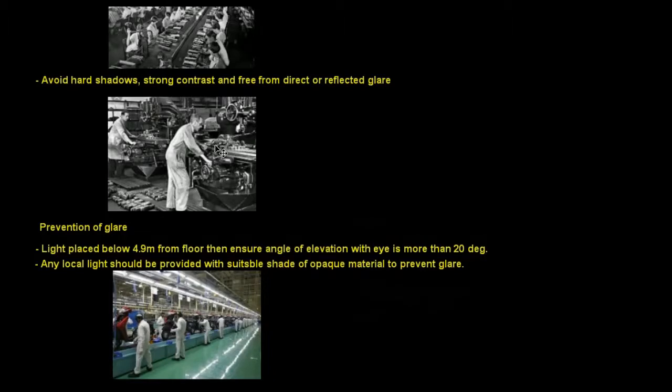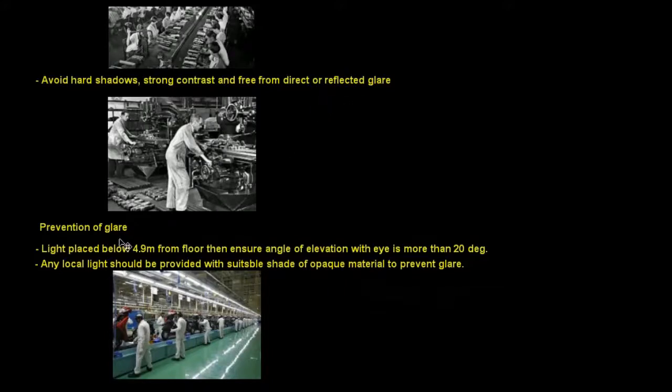So there are chances of accidents. Similarly, in the case of contrast. Now what is glare? Suppose there is a light directly placed in front of you, the person will have eye strain and difficulty in working. Glare may be direct glare, coming directly from the light placed in front, or indirect glare, such as light getting reflected from other surfaces and coming onto your eyes. Such things should be avoided.